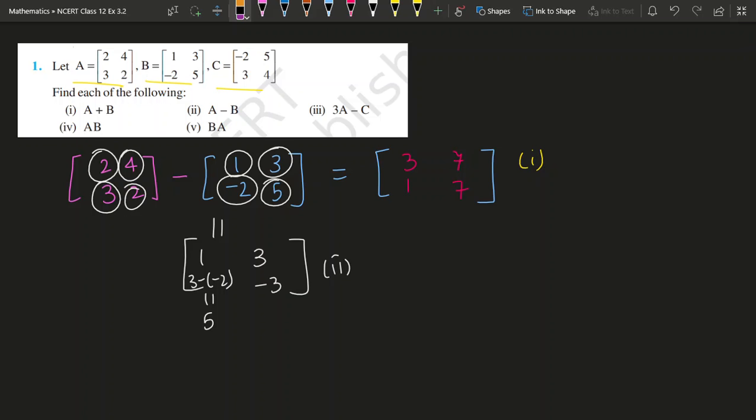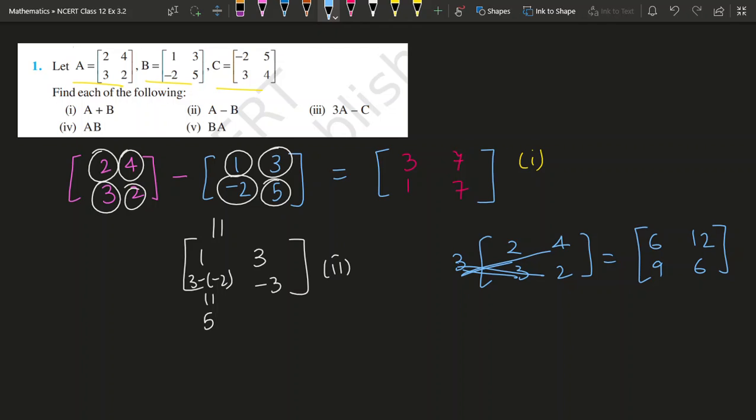Okay. Moving ahead, so these are the answers to 1 and 2. Now we have to compute 3A minus C. So 3 times A, the matrix A is 2, 4, 3, 2, and you will do an element-wise multiplication in this case. So 3 times 2 becomes 6, 3 times 4 becomes 12, 3 times 3 becomes 9, and 3 times 2 becomes 6.